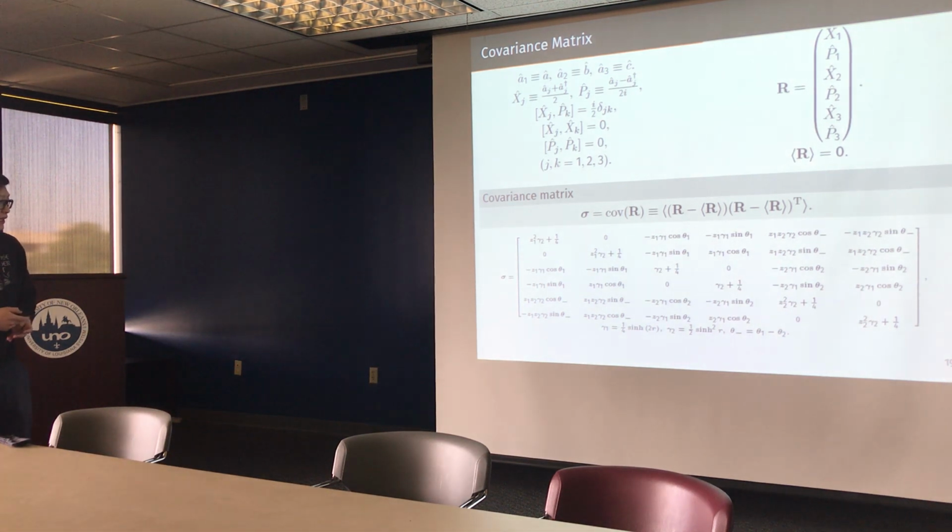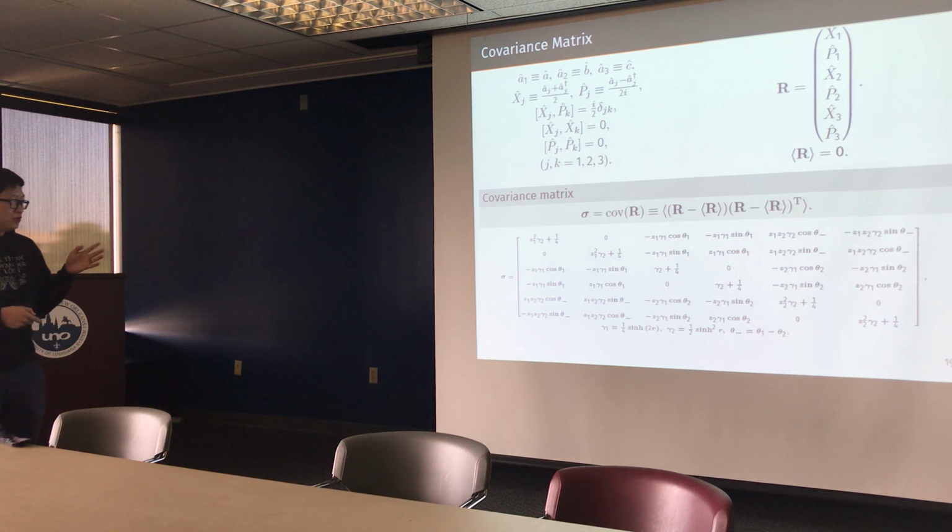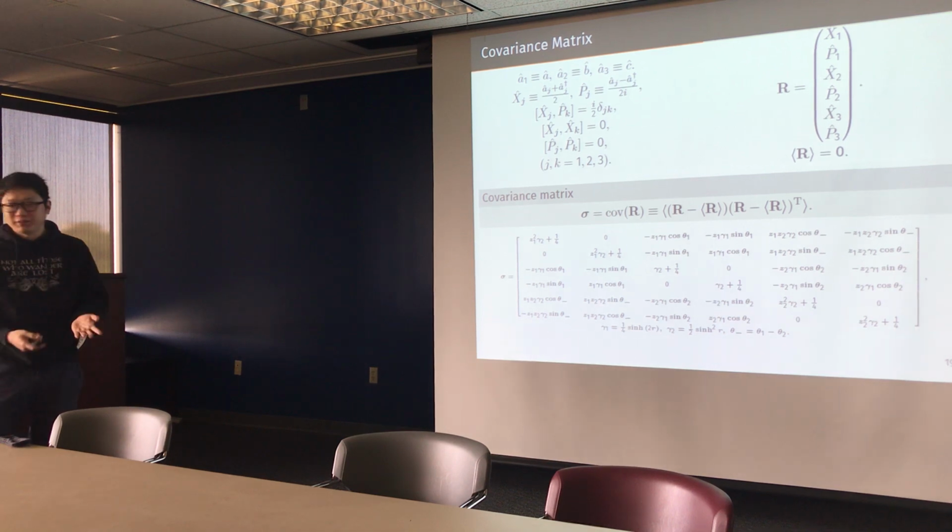So here it looks like the covariance depends on the absolute value of theta 1 and theta 2, but we know that's not right, because it should depend on relative phase instead of absolute phase.